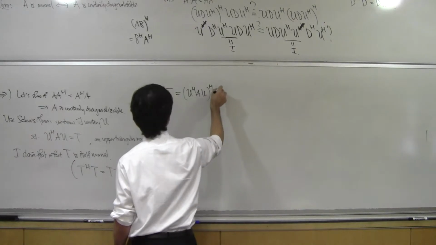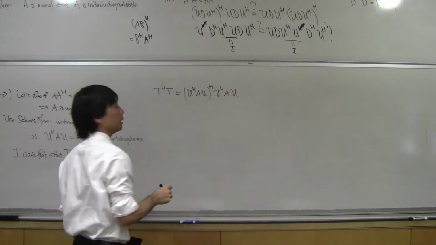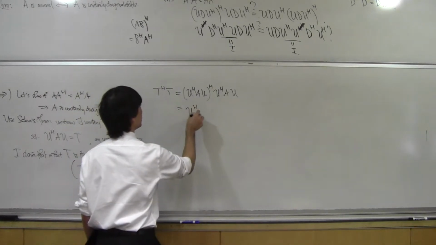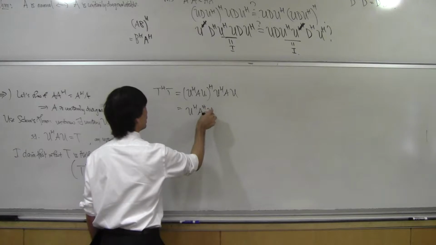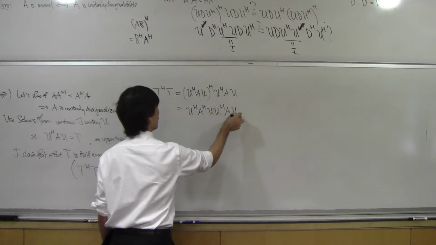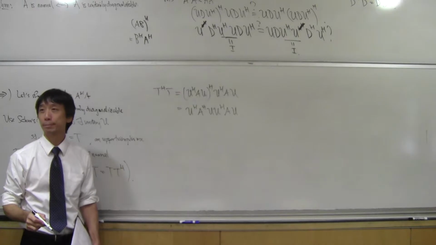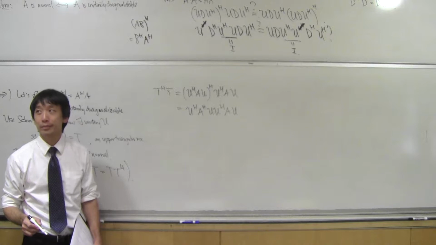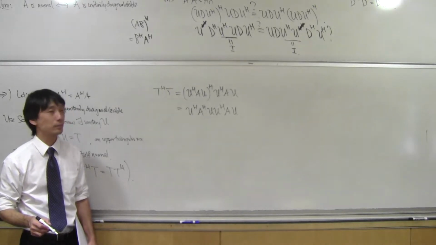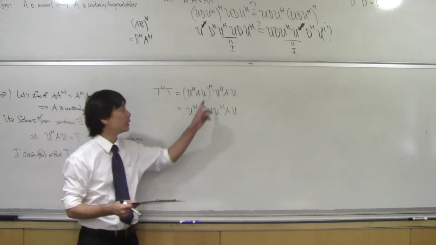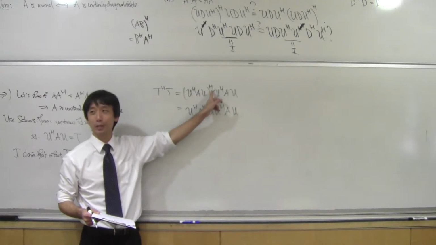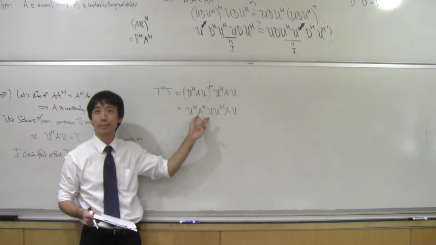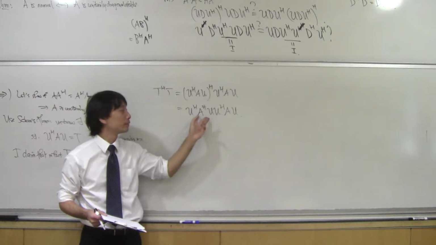T^H T equals U^H A^H U double H, and then U^H A U. I'm just using the conjugate transpose: reverse the order, put the conjugate transposes on.